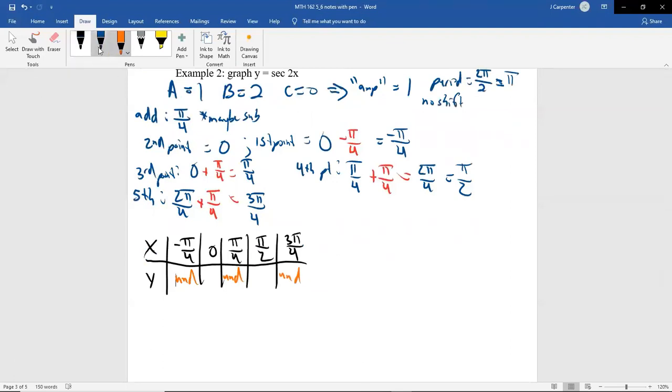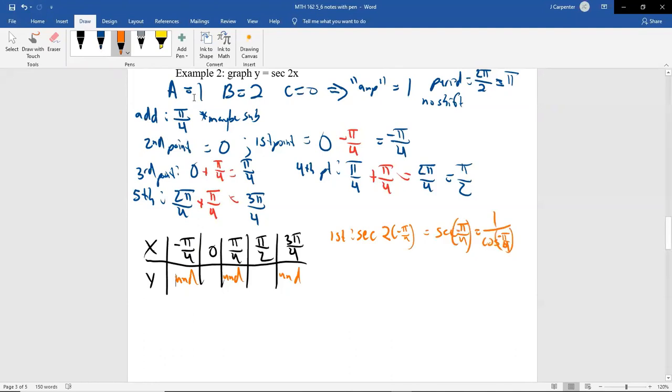I'll show it for the first one first. So that was the secant of 2 times negative pi over 4, which is the secant of negative pi over 2, which would be 1 over cosine of negative pi over 2, by the way. That is a negative still. So 1 over cosine of negative pi over 2.